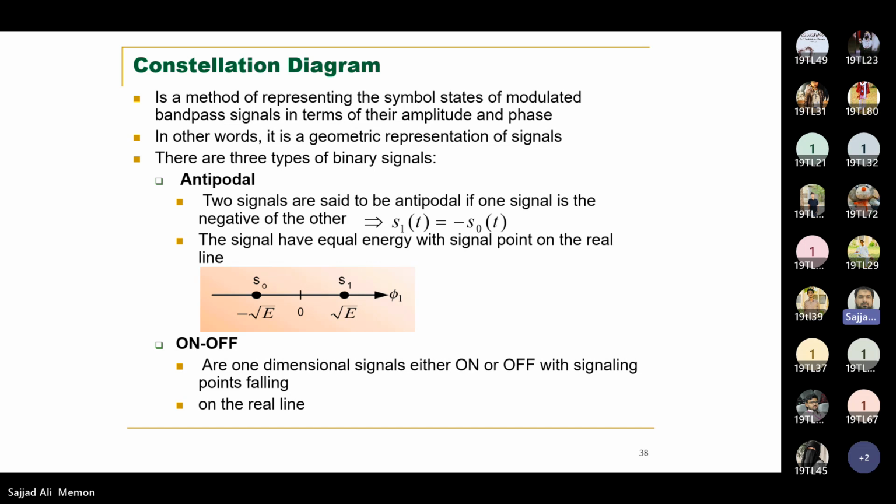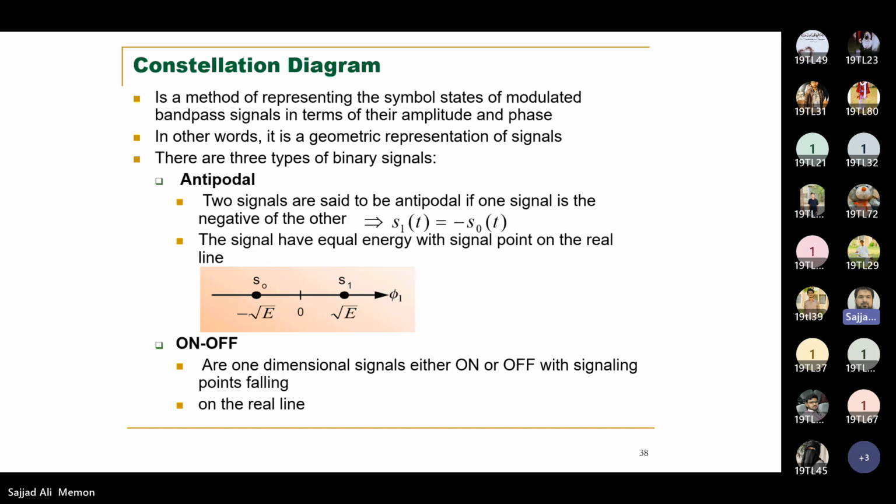It is a method of representing the symbol states of modulated bandpass signals in terms of their amplitude and phase. So when we represent symbols with their amplitude and phase, we call them a constellation diagram. In other words, it is a geometric representation of signals, and there are three types of binary signals.